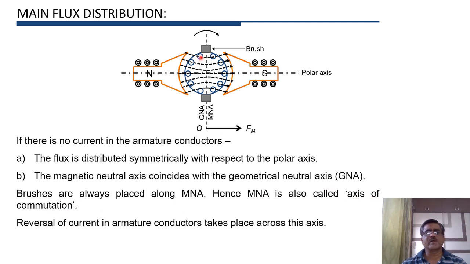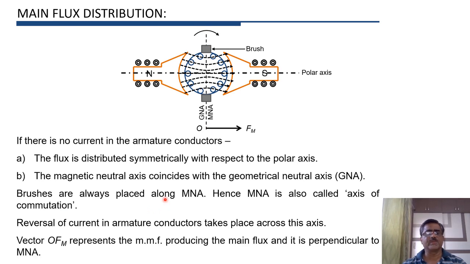Whenever a conductor passes from north pole to south pole, there is reversal of current. Similarly, whenever a conductor passes from south pole to north pole, again there is a reversal of current. And this reversal of current takes place along this magnetic neutral axis, and that's why this axis is called the axis of commutation.